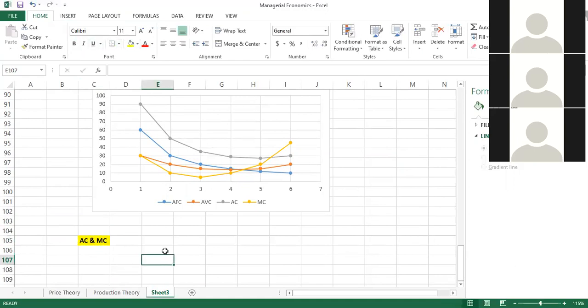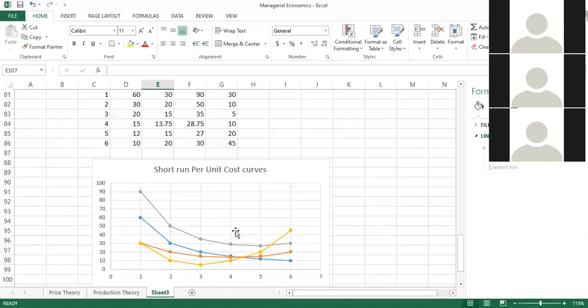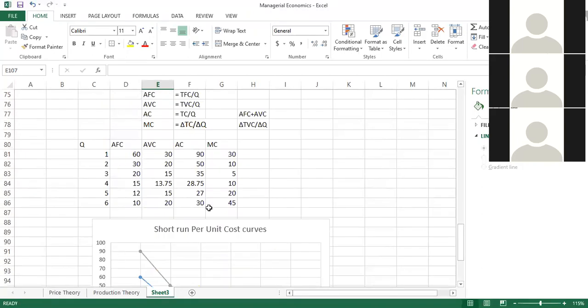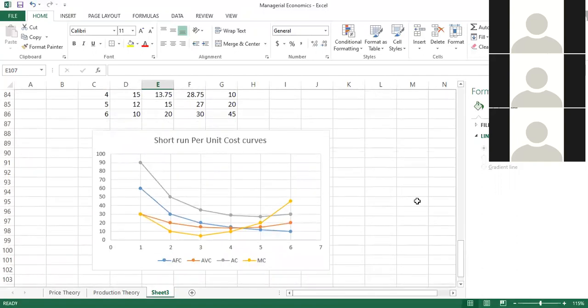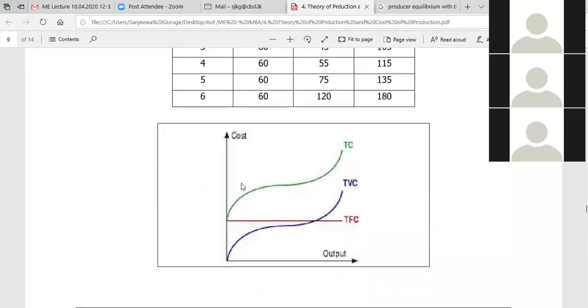One very important relationship we can identify between marginal cost and average cost. What is that? Actually, if we use a little more data, it will be more clearer.